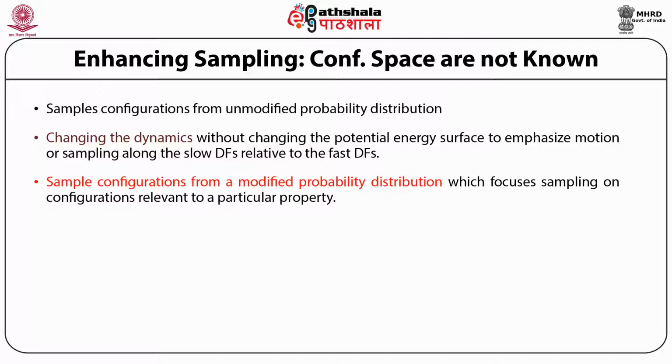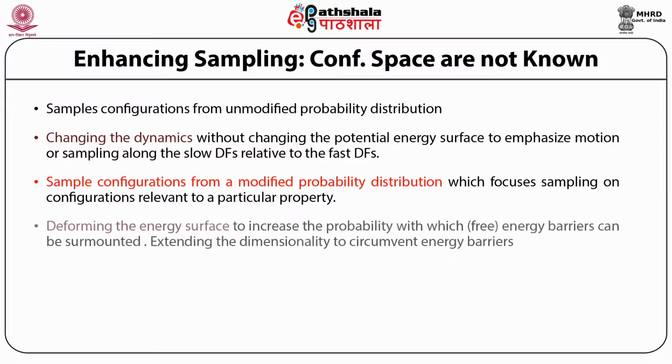That means we can add a particular property to the potential so that it samples only those configurations which are relevant for our calculation, like collecting a lot of data at the transition state or at the hill point or higher point.